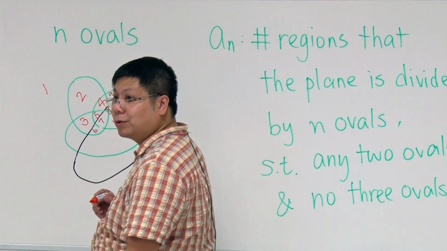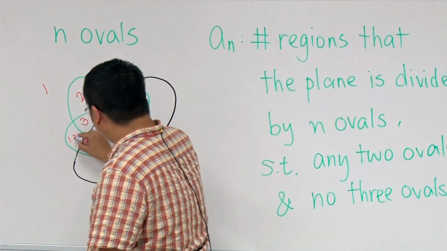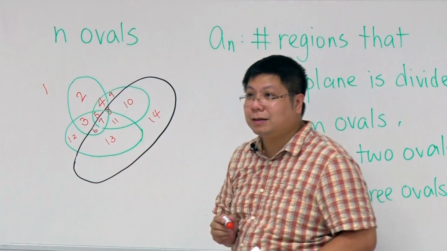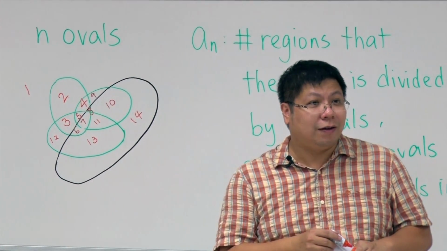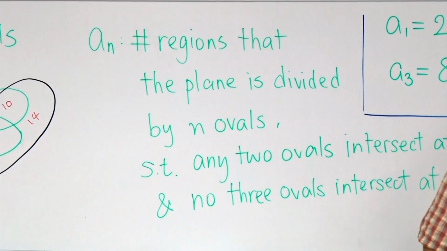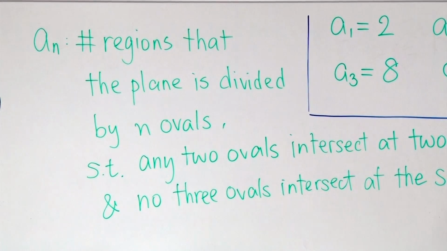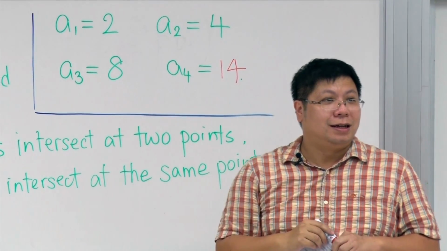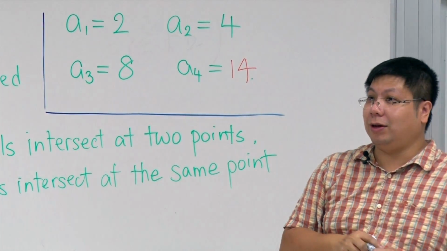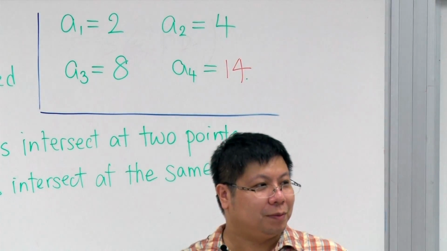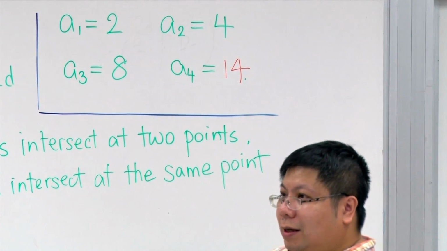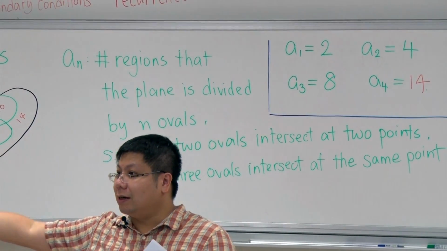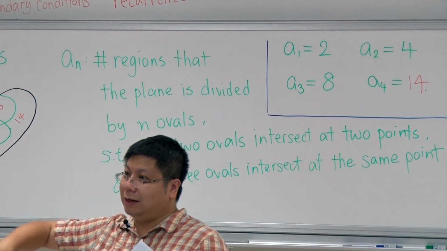So far so good, right? 12, 13, 14. That's it, just 14 of them. Originally we thought it was going to be 16, but this is not like a power of 2. It's 14. So intuitively, let's think about it: should the number of regions grow exponentially, or should it be growing in some other way?